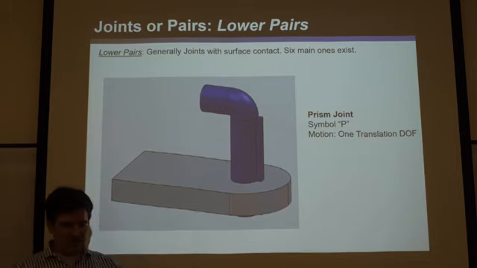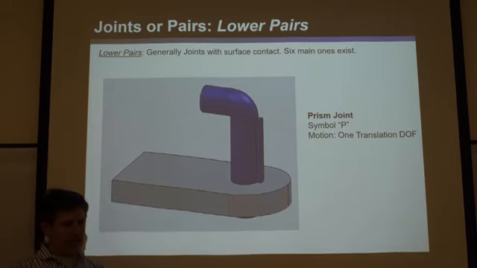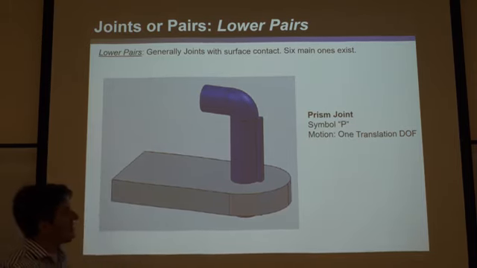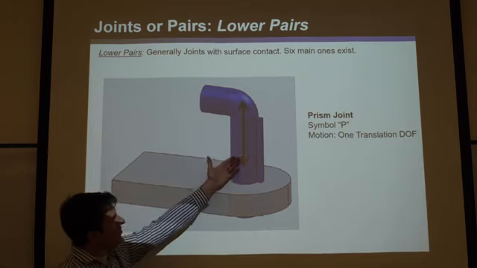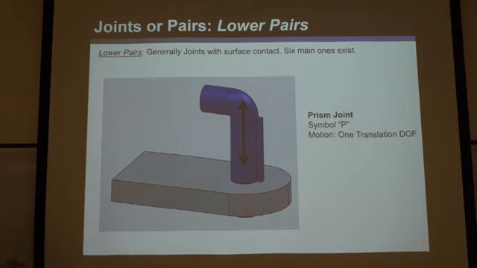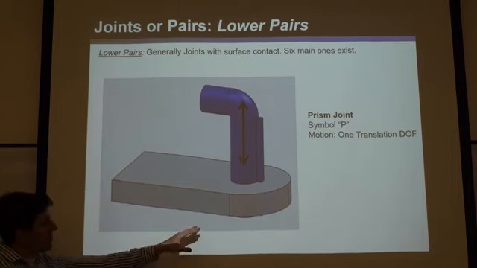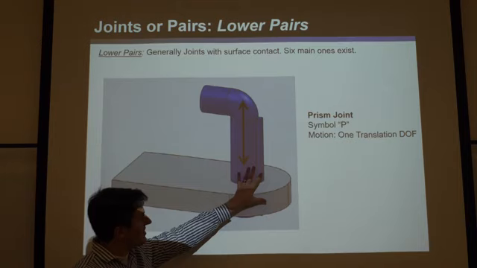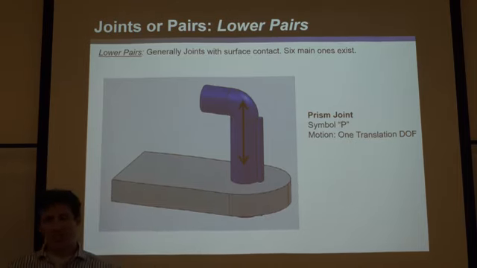You could have a square inside a square, or just anything that only allows the translation is a prism joint. And you can see, so it's a 1 degree of freedom thing. It's just one translation that it allows. But again, that's not what makes it a lower pair. The thing that makes it a lower pair is there's surface area contact between the two links that's constraining the unwanted motions and allowing the translation that you want.